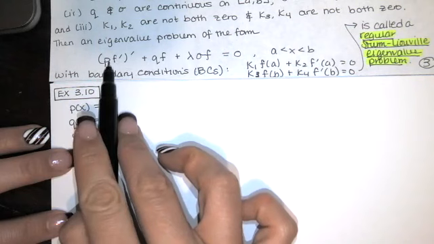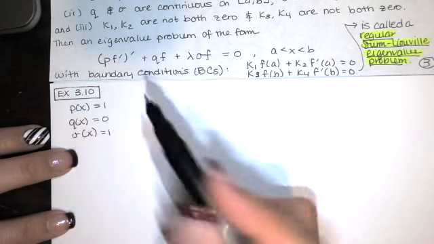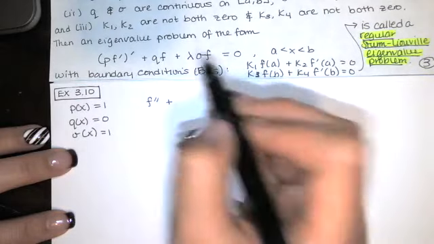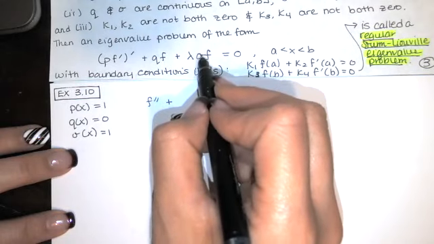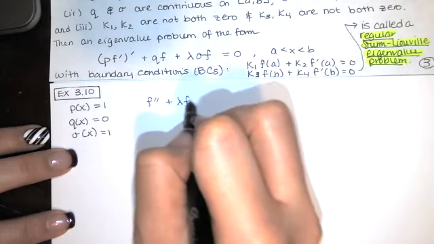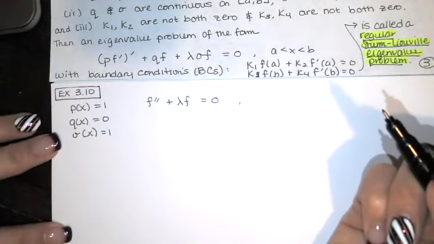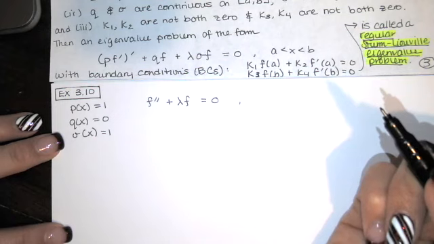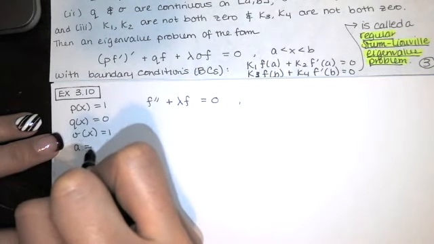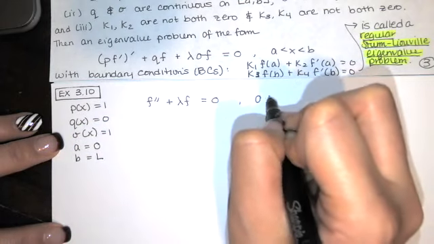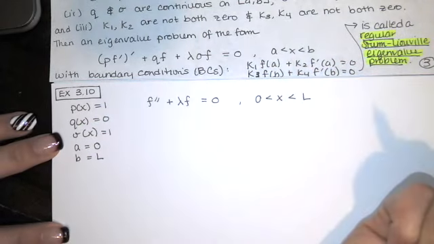Well, in that case, I just have 1 times f double prime, plus 0 times f, which is nothing, plus lambda times 1 times f, so lambda f equals 0. So that's your differential equation. And maybe you're interested in the solution of this differential equation on the interval from a equals 0 to b equals L. So x is between 0 and L.